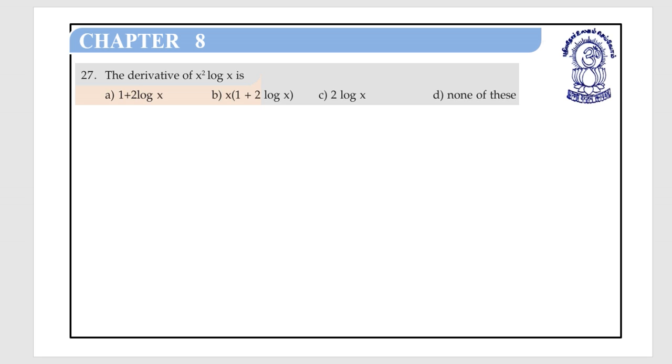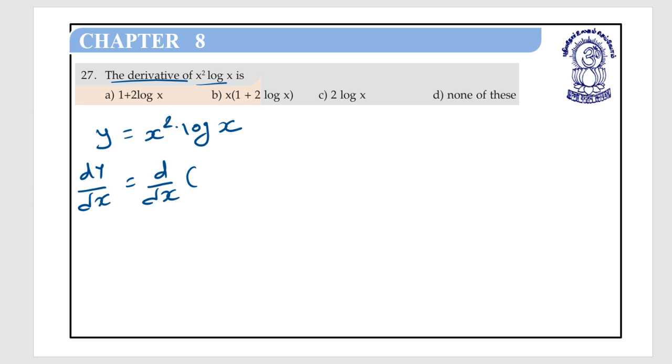Question number 27. The derivative of x square into log x is. So consider y is equal to x square into log x. Okay. So take the derivative. So dy by dx is equal to d by dx of x square into log x.